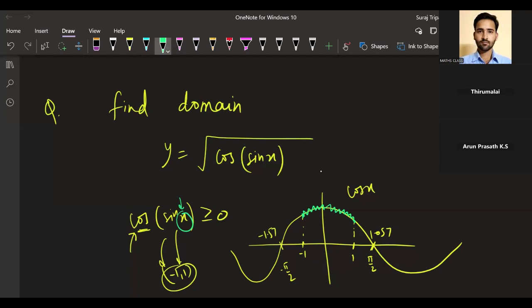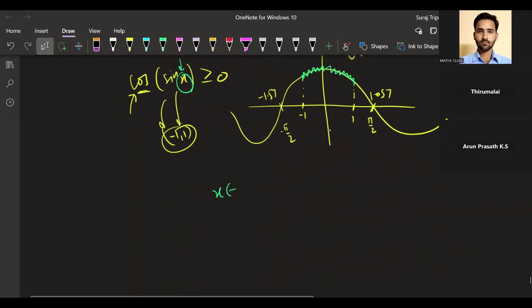That means this root will always be defined for any value of x. So x belongs to the real numbers. Any doubt?